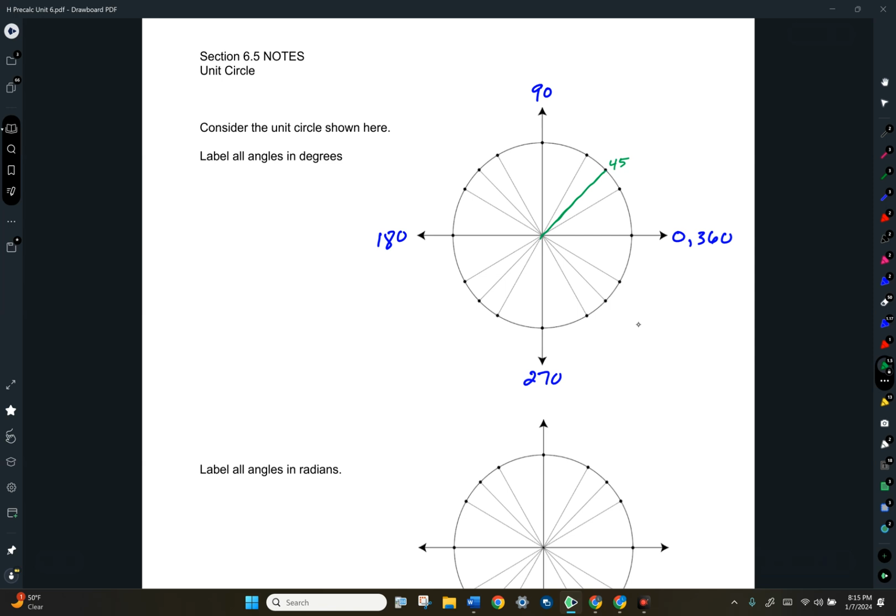So if we wanted to, that means this line over here is going to be halfway between, okay, that's a terrible line. This line over here is going to also be halfway into the quadrant. So that's going to definitely be 135. Make that decent. Okay, there we go. So that's going to be 135.